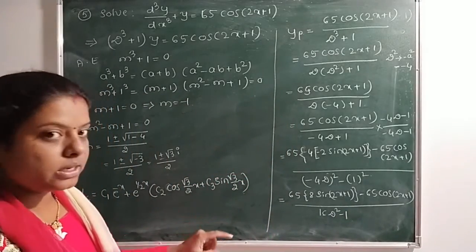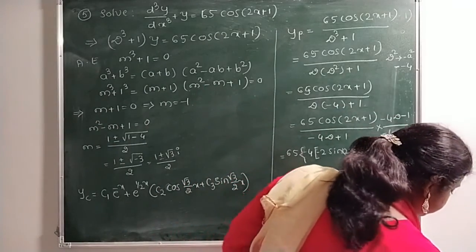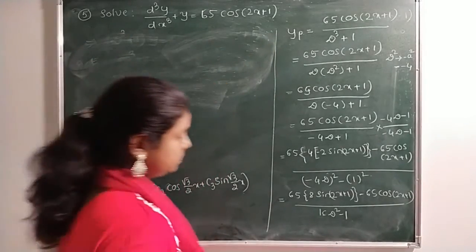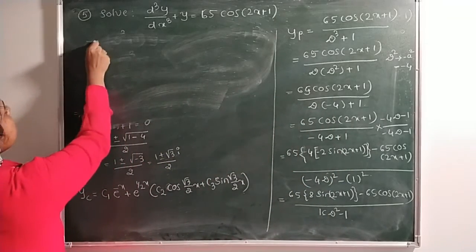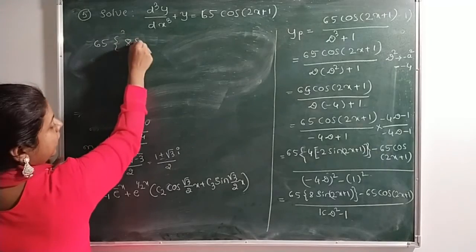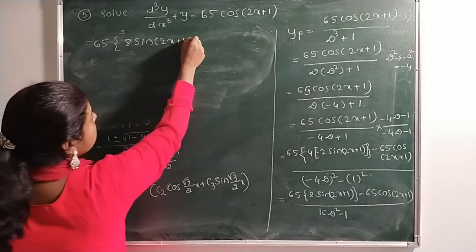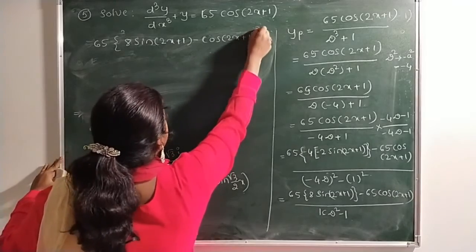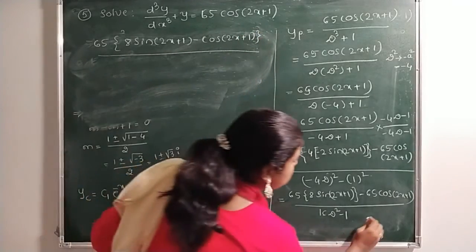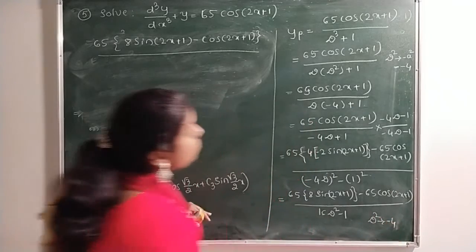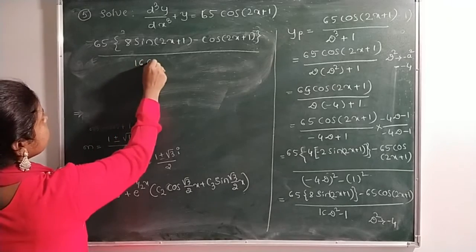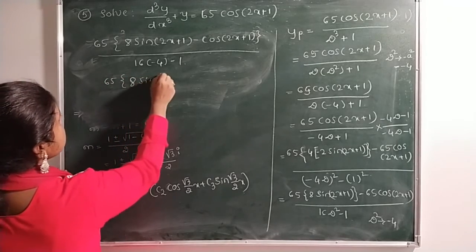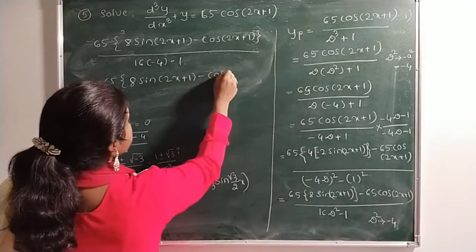Now we got a D square term. That D square term we have to replace. 8 sin 2x plus 1 minus 65, we are taking common, cos 2x plus 1, divided by, here you have to replace D square as minus 4, 16 into minus 4 minus 1.